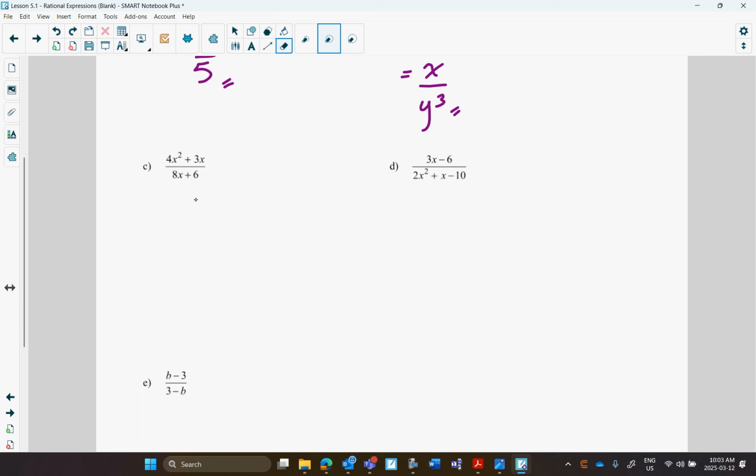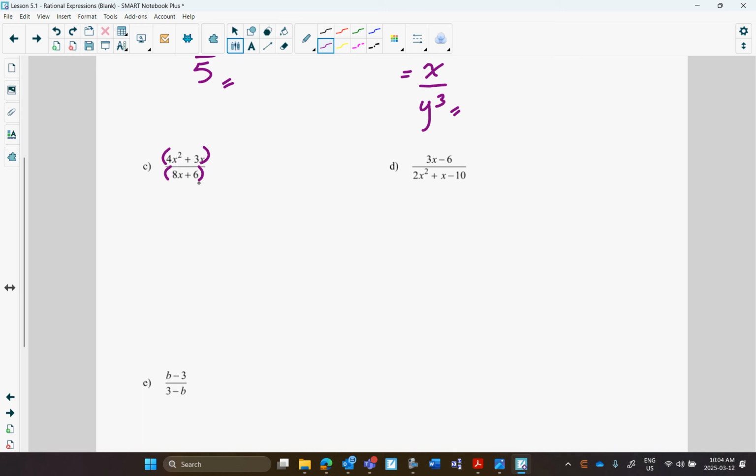Remember, when we've got fractions like this, you have to assume there's parentheses around, which means these 2 are together. You cannot pull one of them out to cancel with something else.